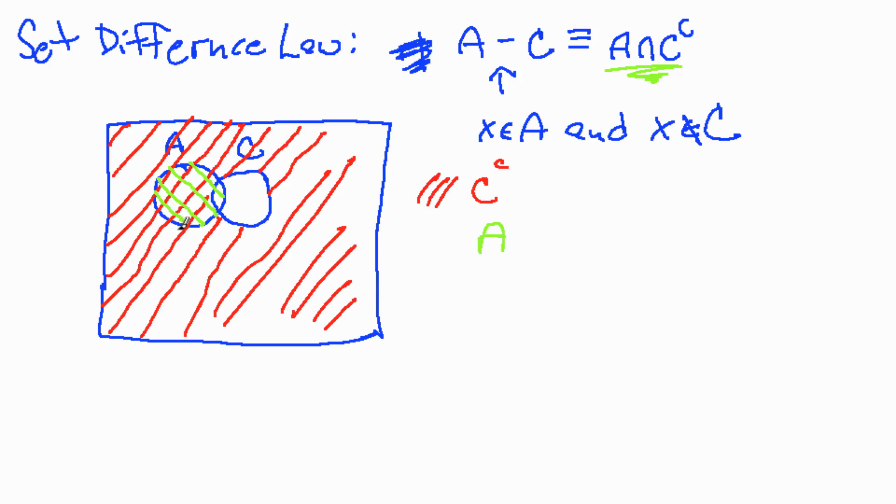Okay? Likewise, if we're considering all the x's that are not in C, that's the same thing as saying that x is contained in C complement. So I now have over here, x is contained in A, and x is contained in C complement. And that is the same thing as saying A intersection C complement.